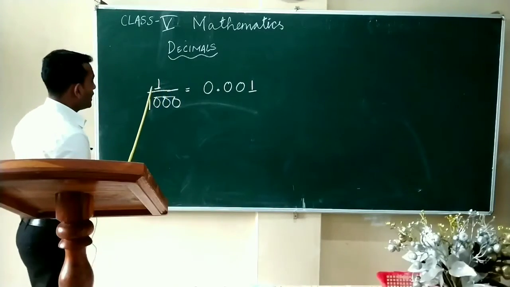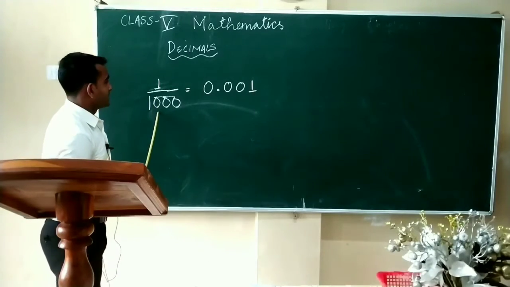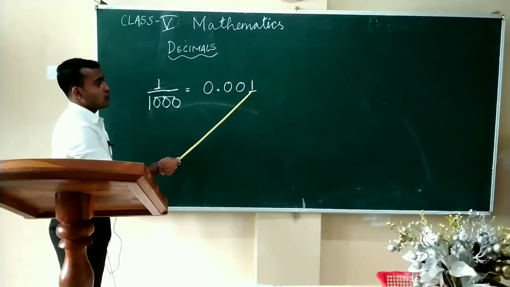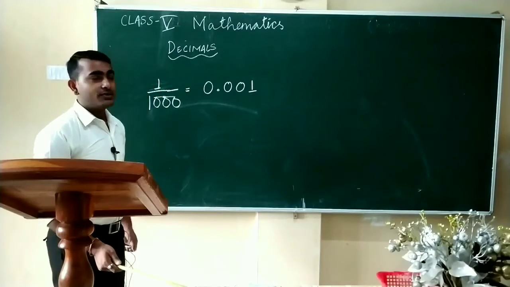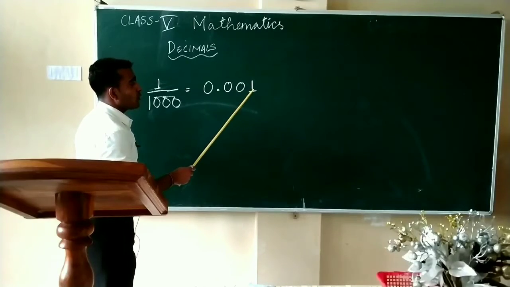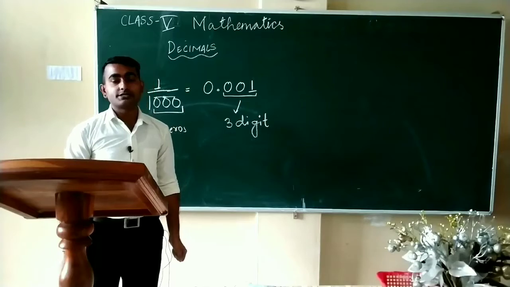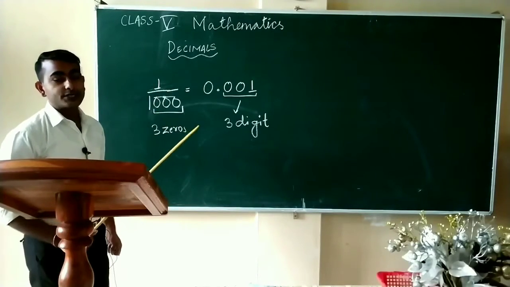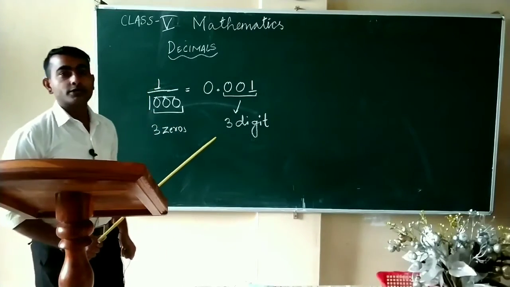Now 1000. If we divide one whole into 1000 equal parts, then each part of the whole represents 1 by 1000. That is equal to 0.001, and it can be read as zero point zero zero one. The number of digits after the decimal point in the decimal numeral is equal to the number of zeros after 1 in the denominator of the corresponding common fraction.